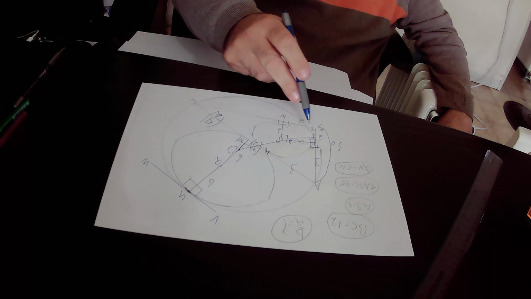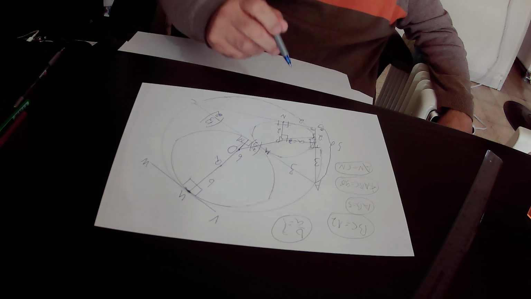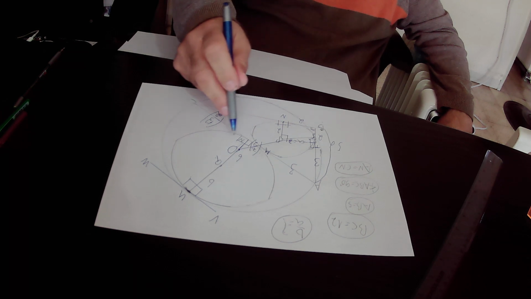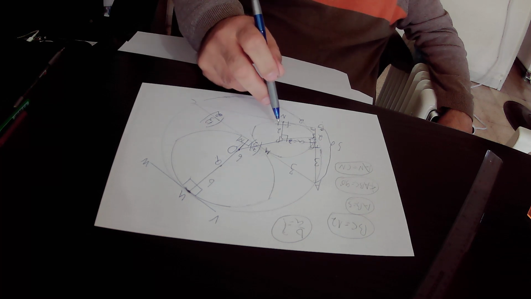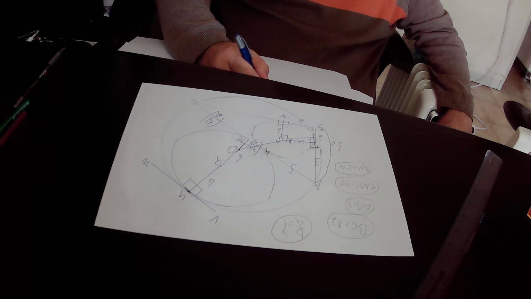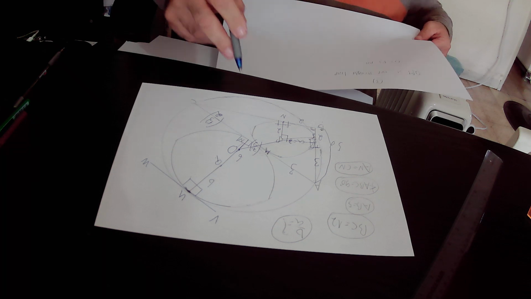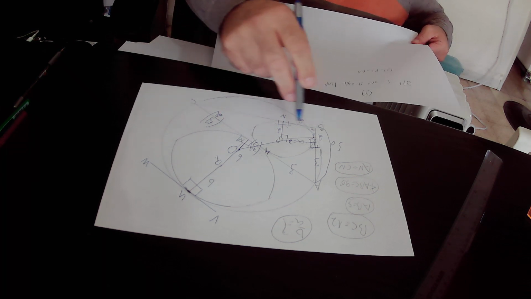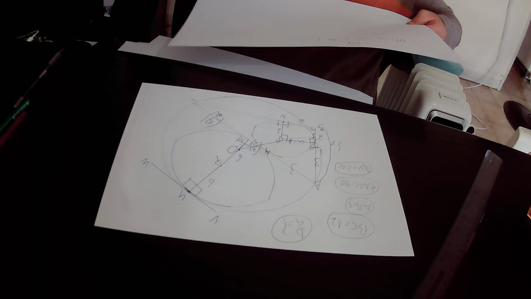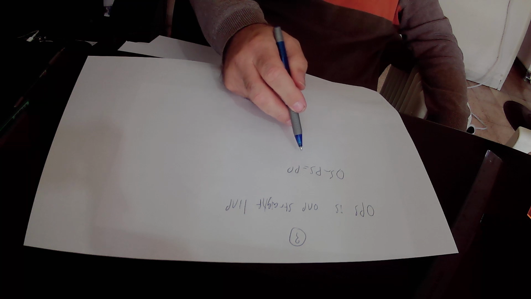Again, OS minus PS equals to PO. Because of the fact that OPS is one straight line, you can conclude from it that OS minus PS equals to PO.